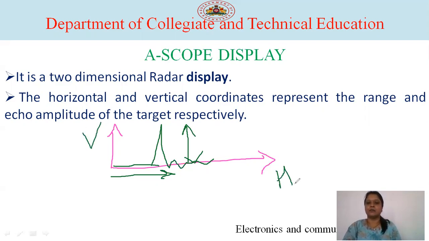The horizontal axis represents the distance from the radar station, that is, at what distance the target is present. Whenever we receive the echo signal, the position at which we get the echo signal represents the distance of the target, and the amplitude represents the strength of the echo signal.